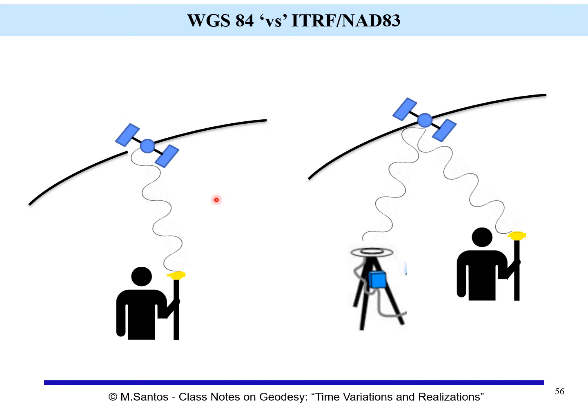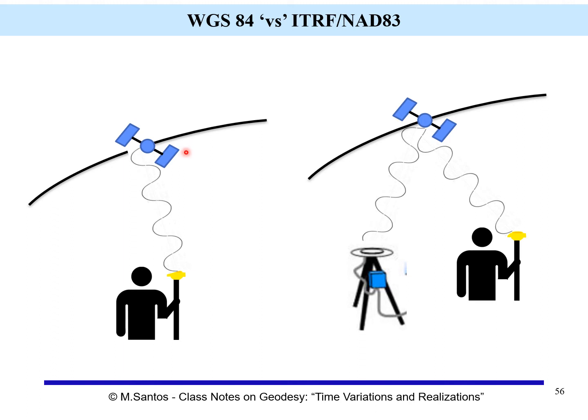Here's just a diagram. On the left, we have the absolute positioning, and what's defined in the frame is the orbits. So if you use WGS84 broadcast orbits, we are going to get a few meters here. We could be using IGS type orbits and clocks that people refer to as precise orbits, in quotes.